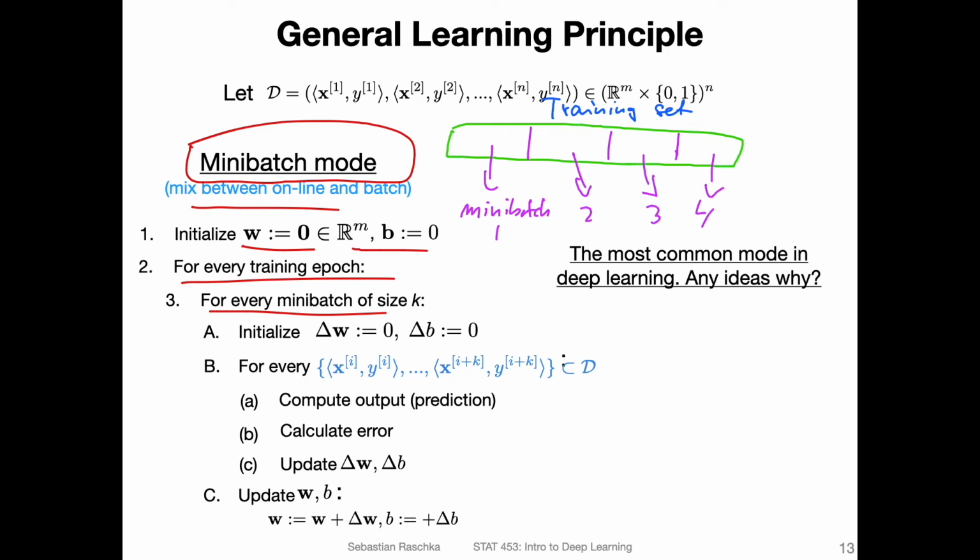So what is the size of a mini batch usually? It really depends. Common ones you will find in deep learning are something like 32, 64, 128, 256, sometimes also 512. It really depends on the problem. It's like a hyperparameter, something you have to try out and see what works.